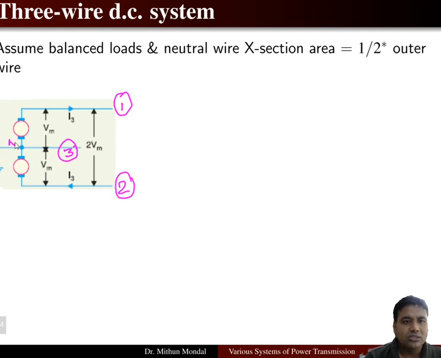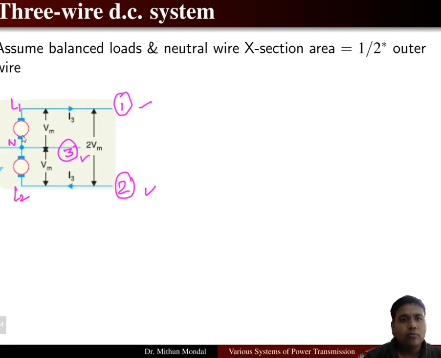So this is your neutral, this is your line. So this is L1, this is L2, correct? And this is your earth. So here you are having three conductors, conductor number 1, conductor number 2, and this is your neutral conductor, correct?